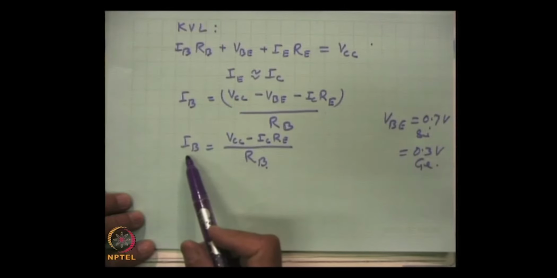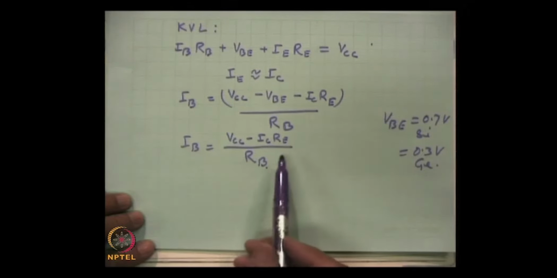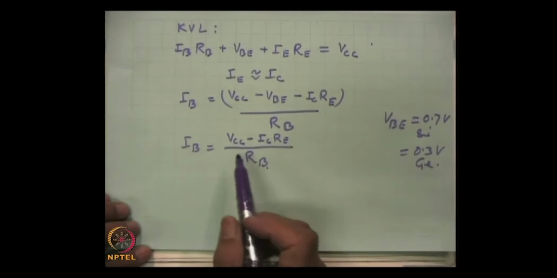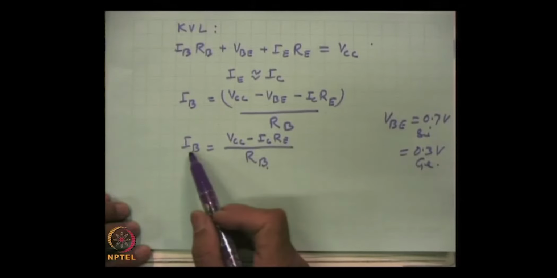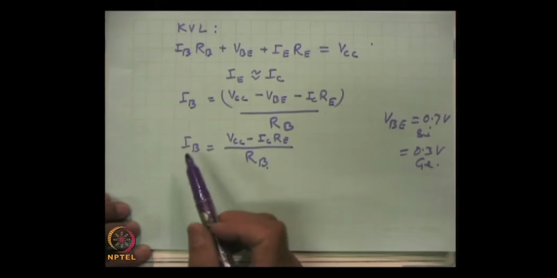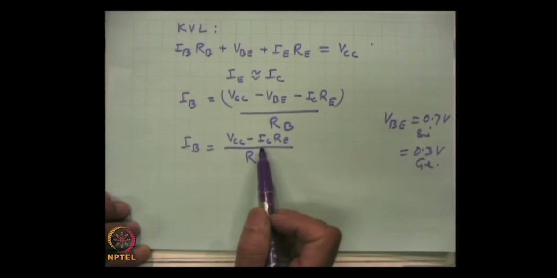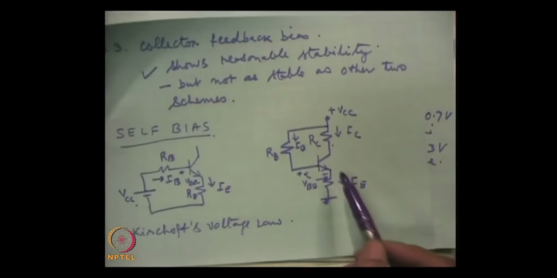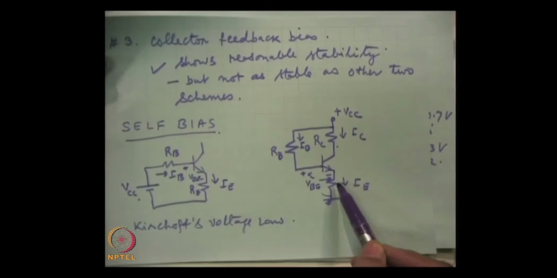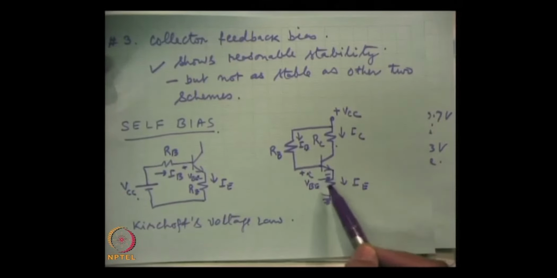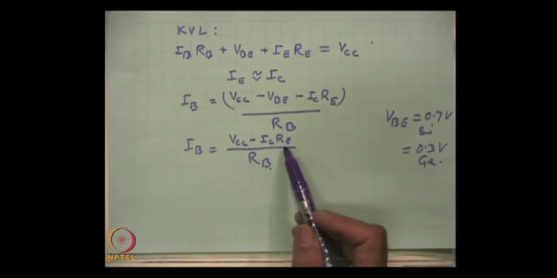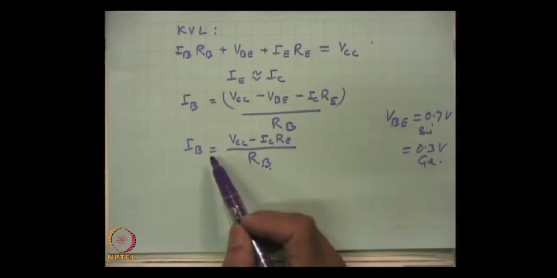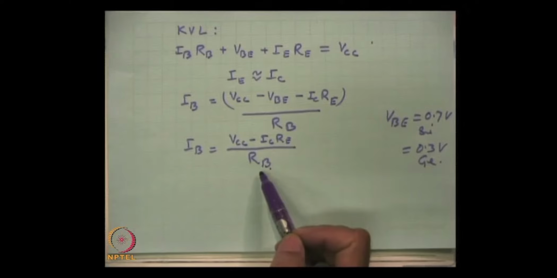Now, we can see the difference between the fixed bias and this self bias case. Here the input current is a function of the output current, and this has been possible because of the negative feedback which is introduced in the circuit because of this resistance. If we make RE equal to 0, then this is fixed bias, VCC by RB.